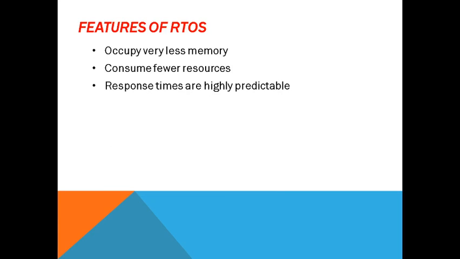Response times are highly predictable. As we test our embedded system several times, we have already calculated how much response time is required, so response times are highly predictable. The environment can be unpredictable because we are serving the application in real time.